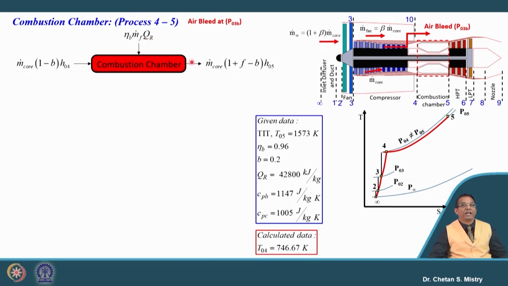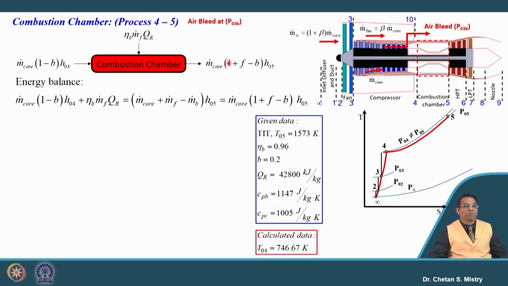In the same way at the exit, the amount of flue gas coming out is m dot core into (1 plus F minus B), and that raises our temperature to T05, or we can say our enthalpy is H05.